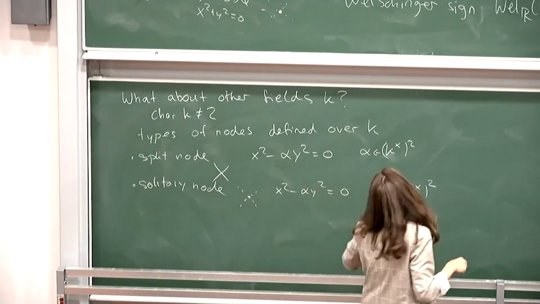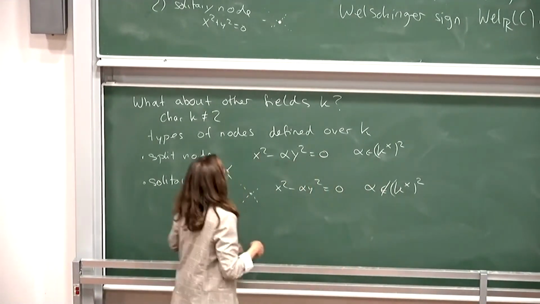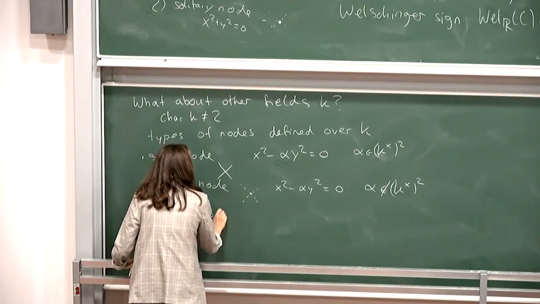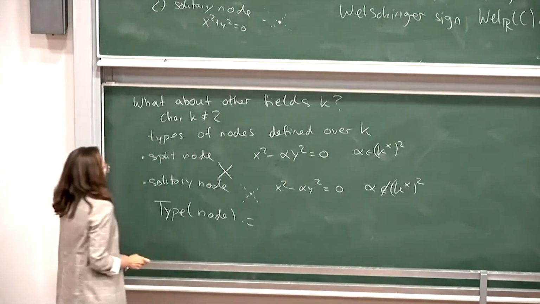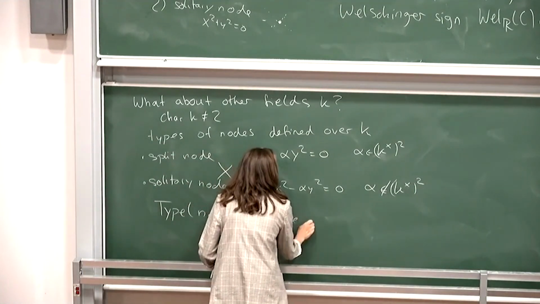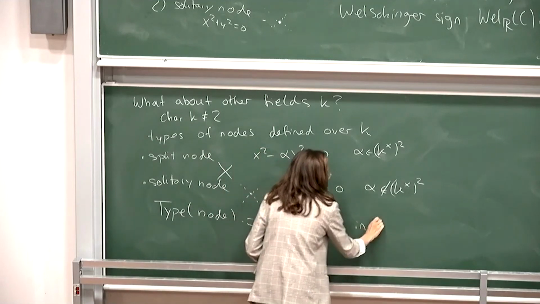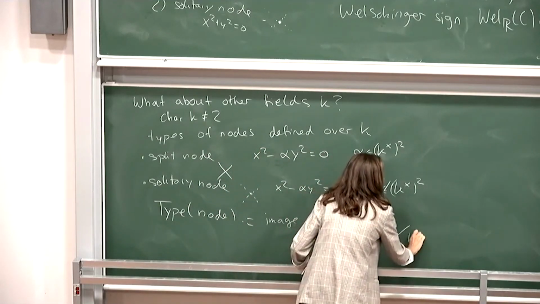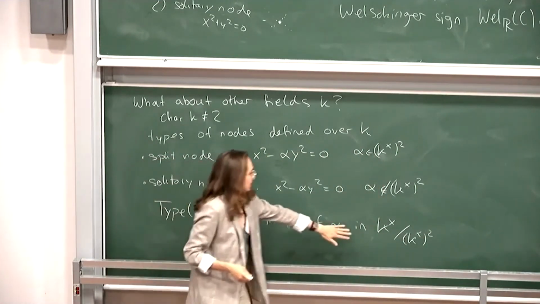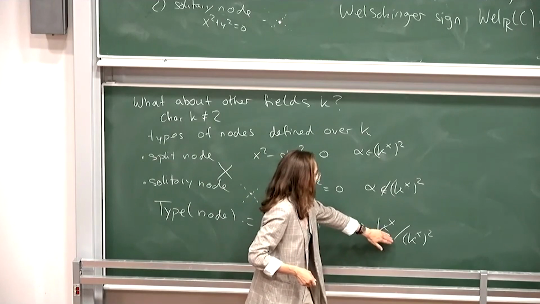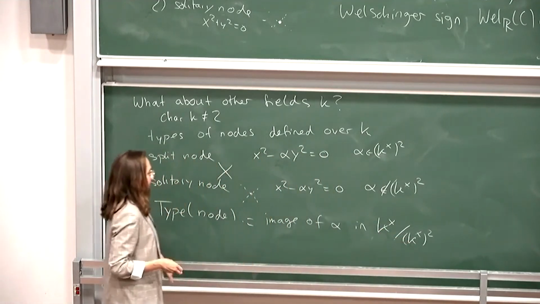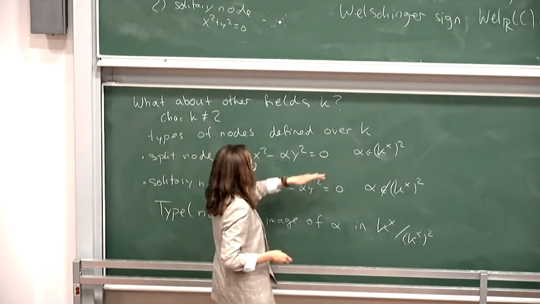Earlier, I called this alpha the type, so let's do this again. So I want the type of a node to be the image of alpha in units of k modulo squares. And observe that for each class, so I identify two units in k if they only differ by a square, there's a different type of node.